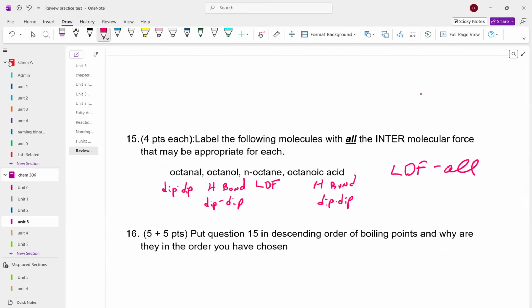Two of them have hydrogen bonding, but the acid hydrogen bonding is stronger than the alcohol's. So that's going to be 1, 2, 3, 4. The octane, the alkane is going to be the weakest. The acid is going to be the strongest.